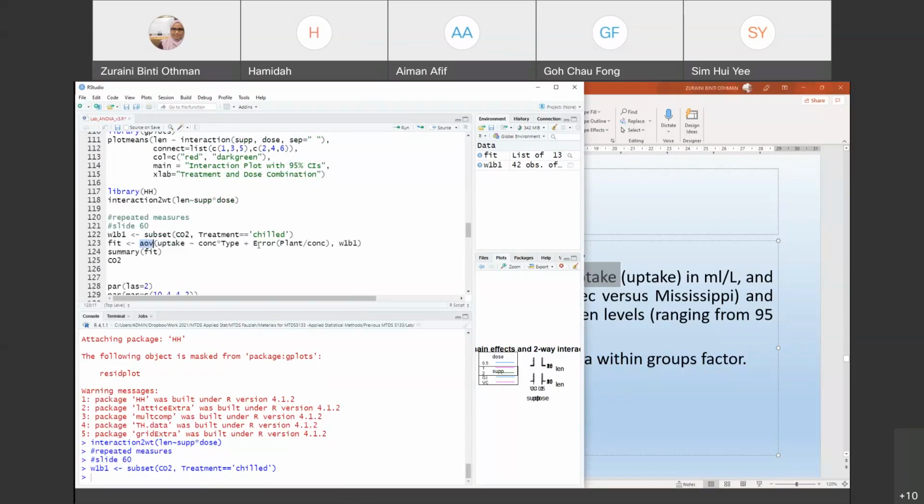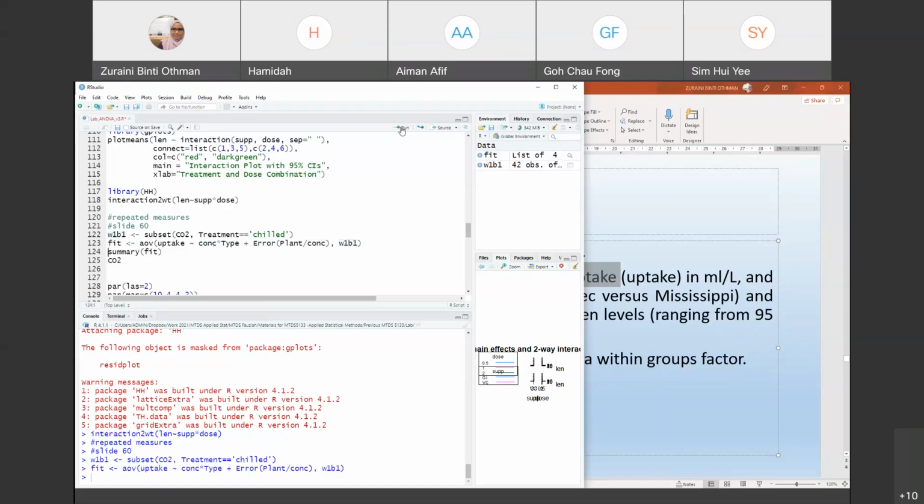There is the error term, plant divided by concentration, as before, and we want to see the factors for concentration, type, and the relation between the two. We call back the function that we defined just now, and let us run it.